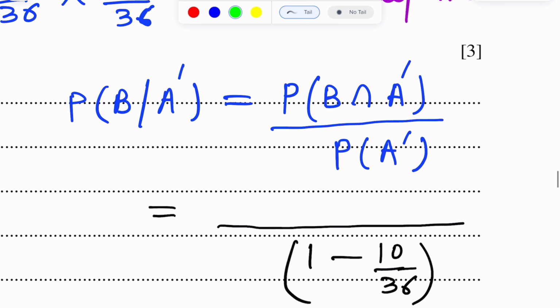Now we find probability of B intersection A dash. Now intersection means and.